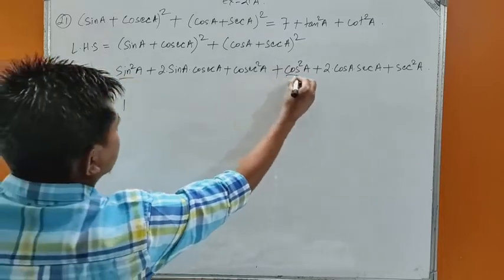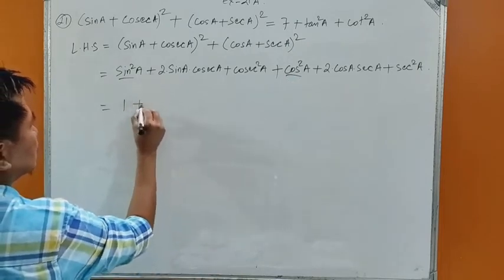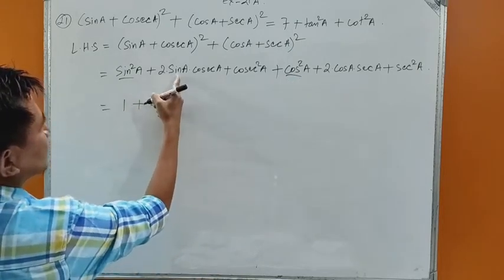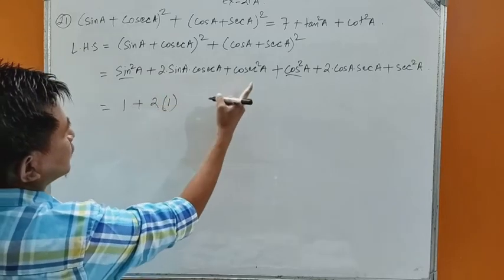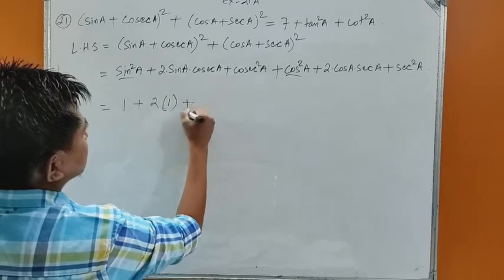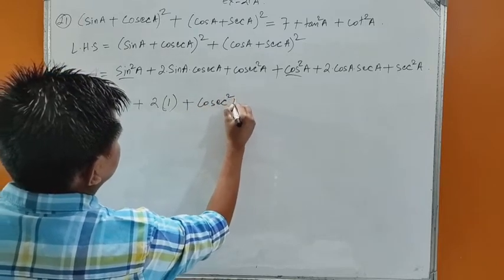These two are gone now. Okay, this is 1. Now plus 2 sin A into cosec A is 1, isn't it? So 1 plus cosec square A. We should not forget this cosec square A.